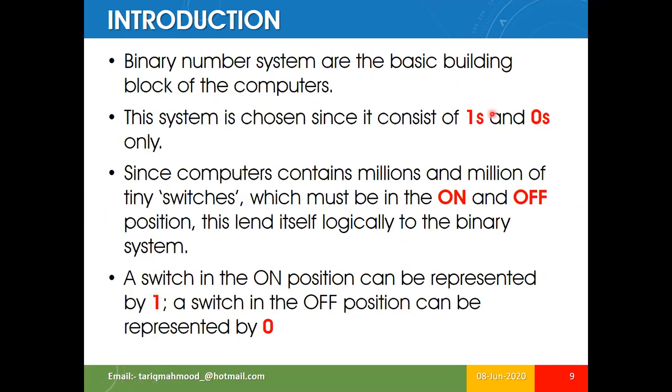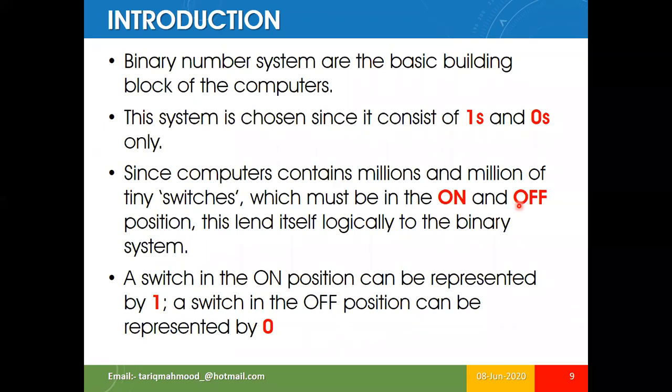With ones and zeros, we mean that we are just turning something on and turning something off. We have millions of switches, and when we send one to a switch, it will turn on, and when we send zero, it will turn off. So we have millions and millions of tiny switches which must be in an on or off position.